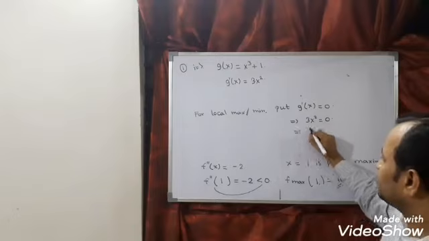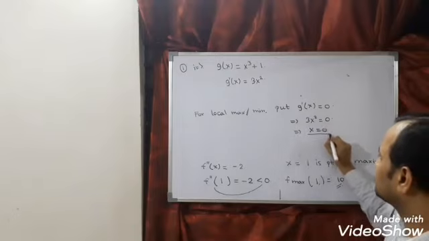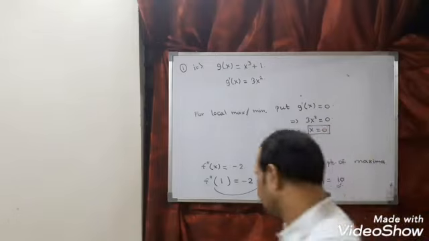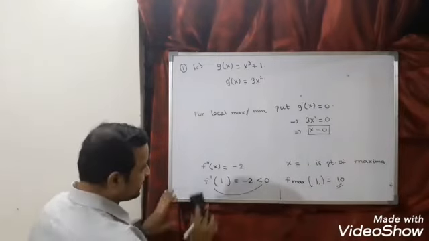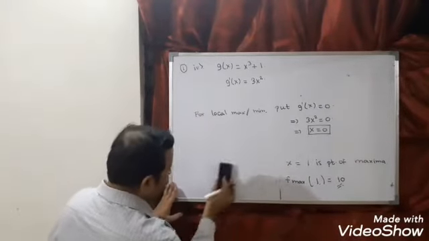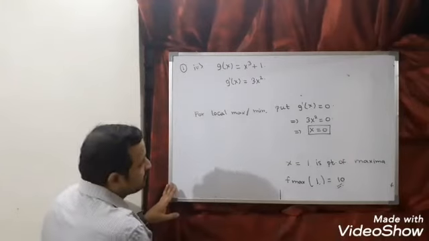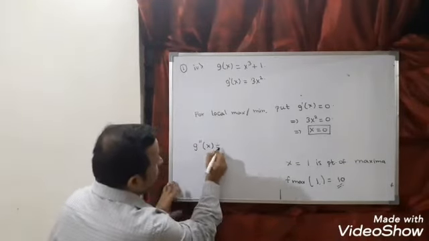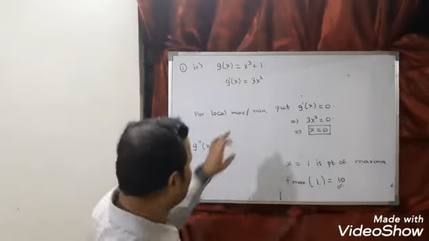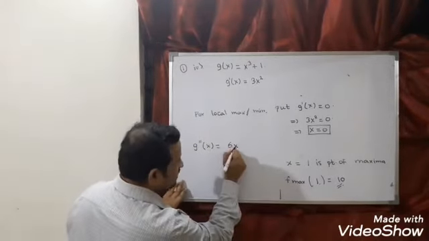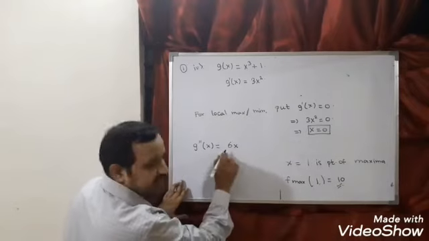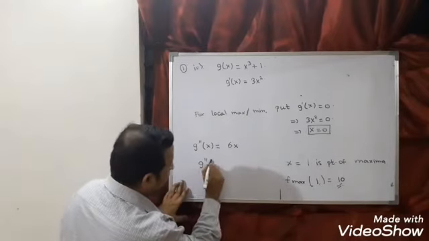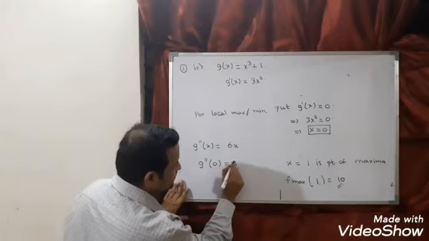So from this you will get x is equal to 0. What is the next step? We have to find the second derivative. So g double dash x is equal to, differentiation of x square is 2x, you will get 6x. Now put x equal to 0 here. So g double dash of 0 is equal to 0.